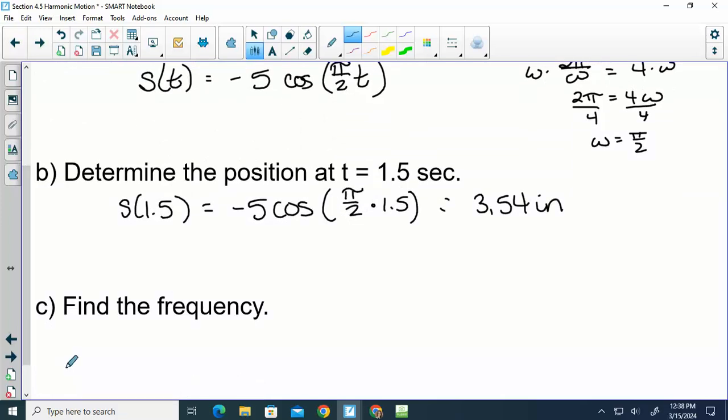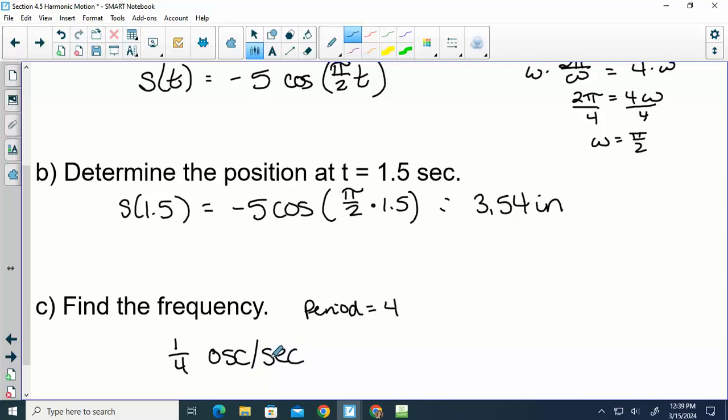Now frequency. Frequency is just the reciprocal of period. What was my period? The period was 4 seconds, so the frequency is 1/4. That's measured in oscillations per second.